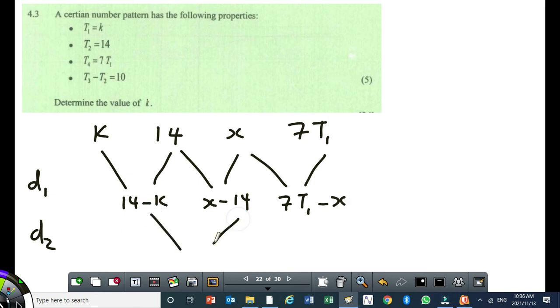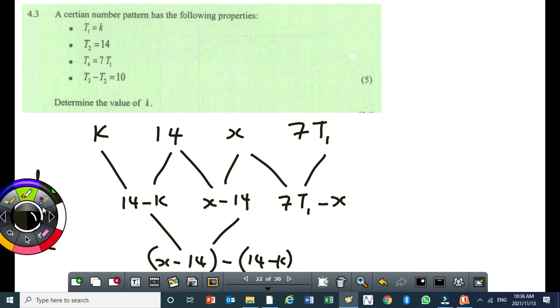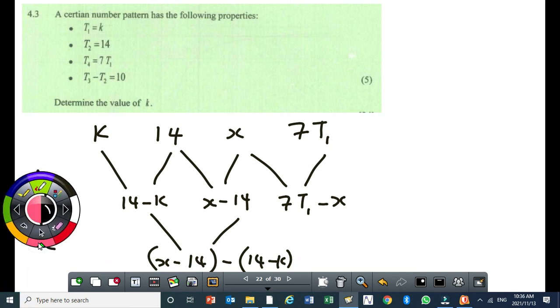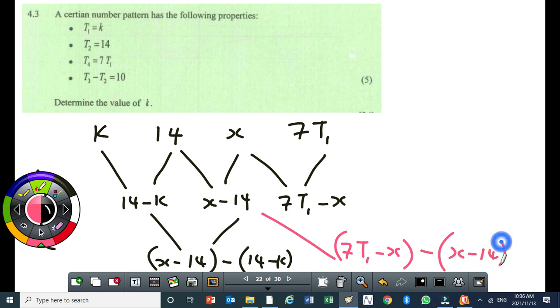Then I got two unknowns here. So this will be X minus 14 minus 14 minus K.